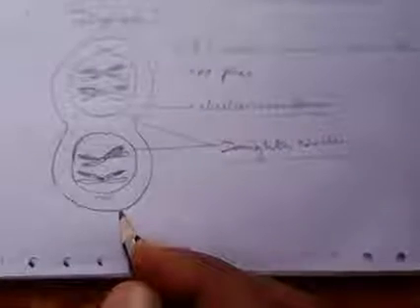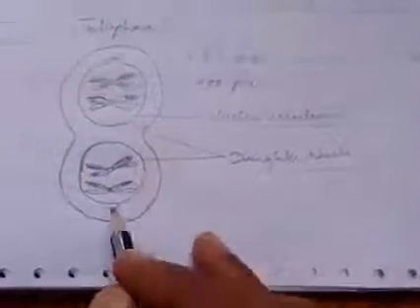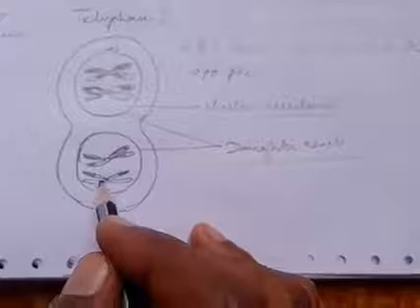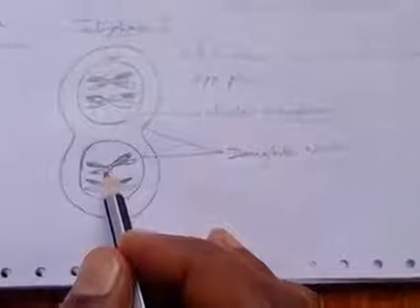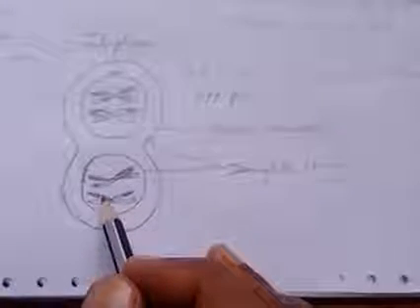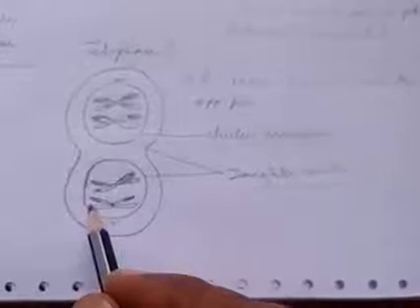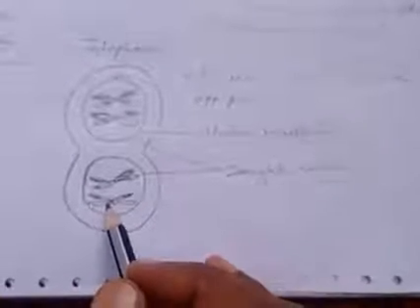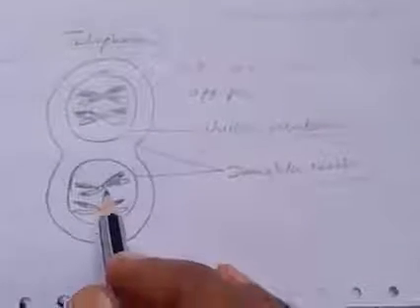The chromosomes reach the opposite poles, and a nuclear membrane appears around these chromosomes, and the chromosomes start decoiling. Due to decoiling the condensation is released and the chromatin threads are formed here again, right? So this is the telophase.